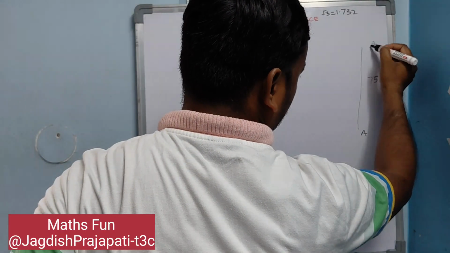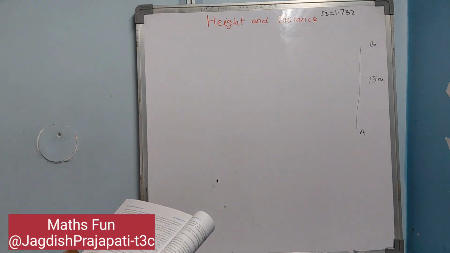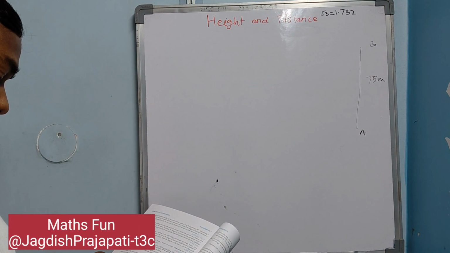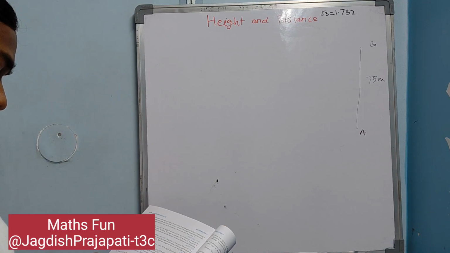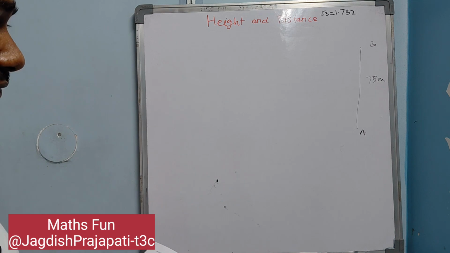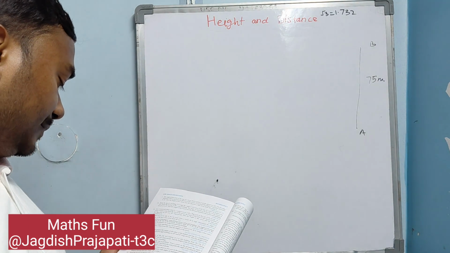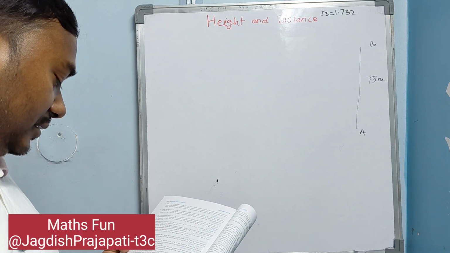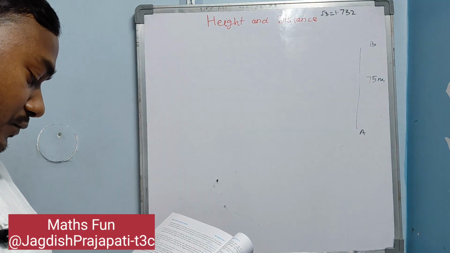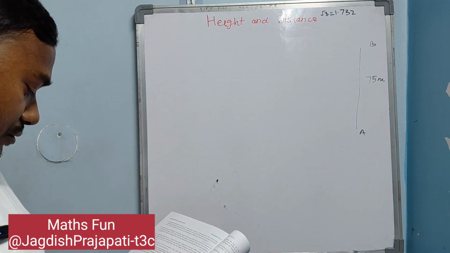So let's say AB is the 75-meter tall lighthouse. The angle of depression of two ships are 30° and 45°. If one ship is exactly behind the other on the same side of the lighthouse, find the distance between the two ships.